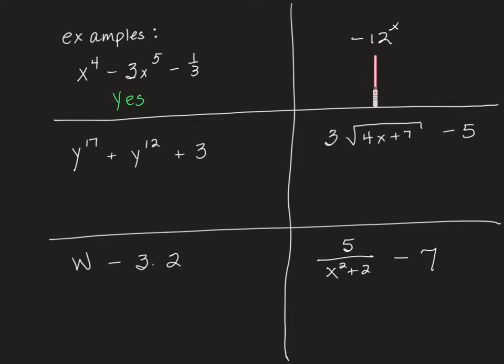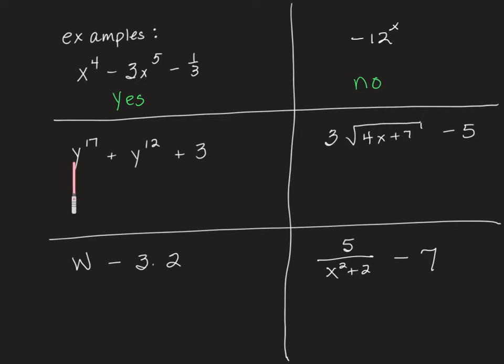Now let's move over here. This is negative 12 to the x power. There is not a variable under a fraction, not a variable under a radical, but my exponent is a variable. So no, that's not a polynomial.